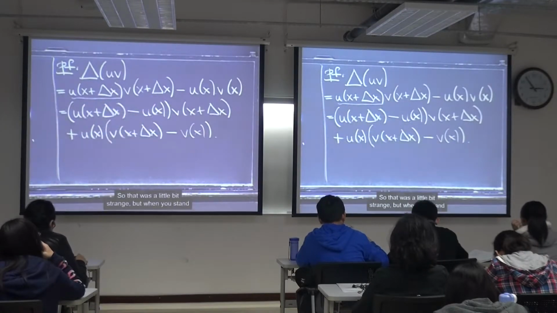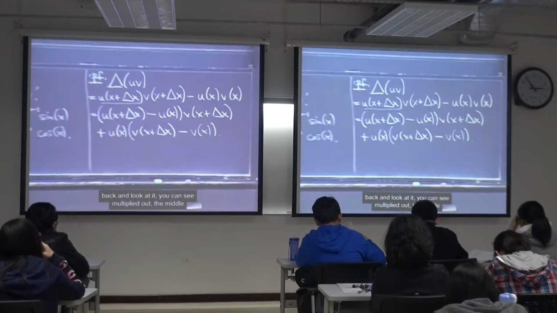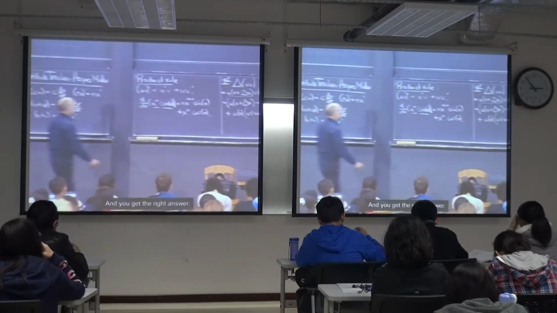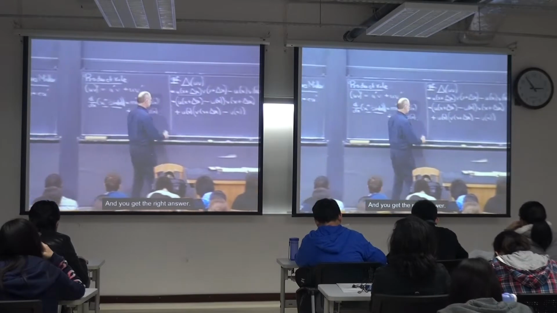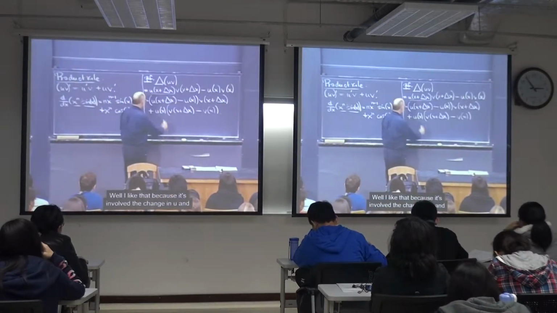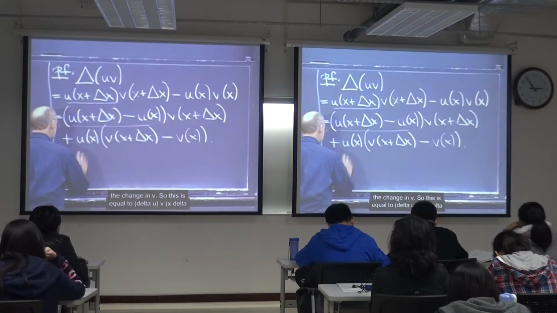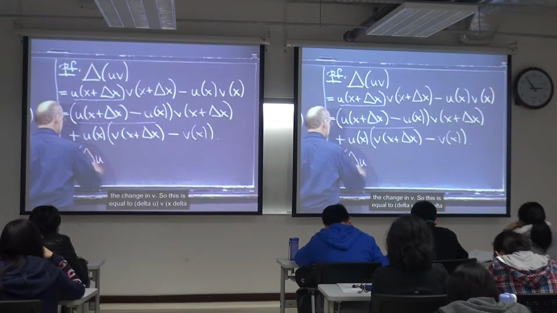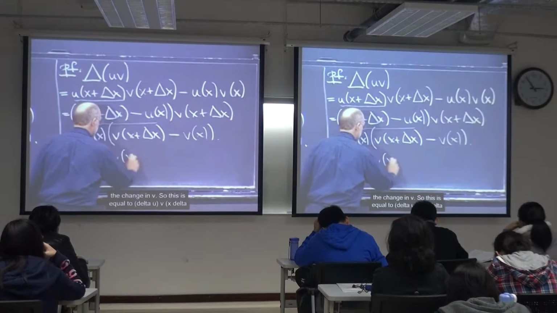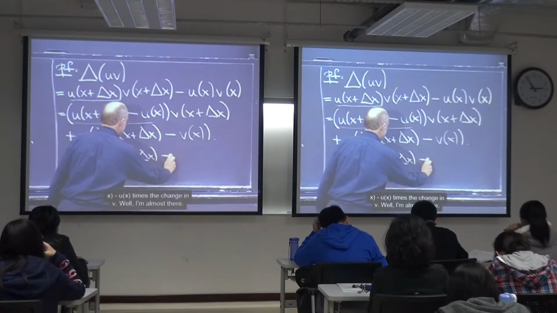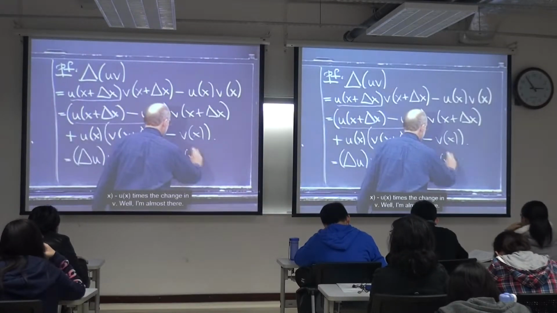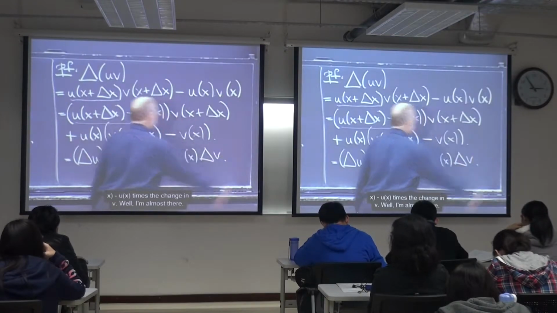So that was a little bit strange, but when you stand back and look at it, you can see multiplied out, the middle terms cancel, you get the right answer. Well, I like that because it involves the change in u and the change in v. So this is equal to delta u times v of x plus delta x plus u of x times the change in v.